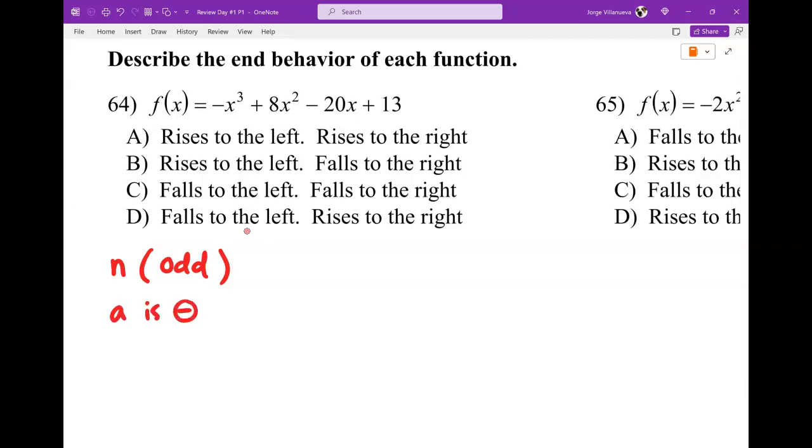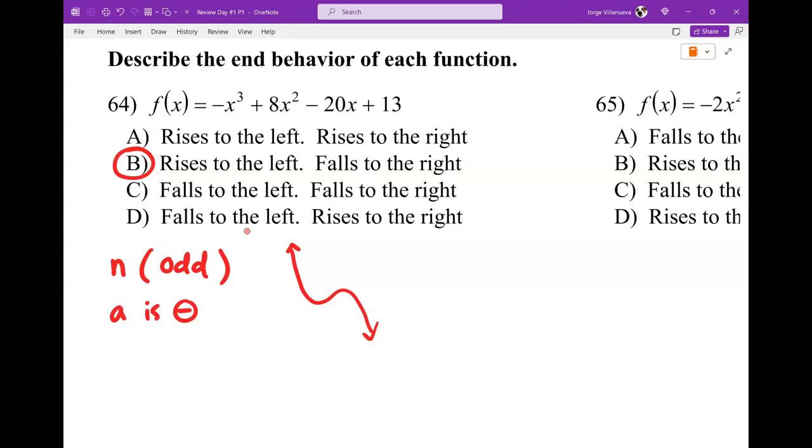And if I look at that chart, an odd degree with a negative A coefficient goes up to the left, it goes down to the right. So it rises to the left, it falls to the right. That's B. You can memorize that or just have it on a piece of paper.